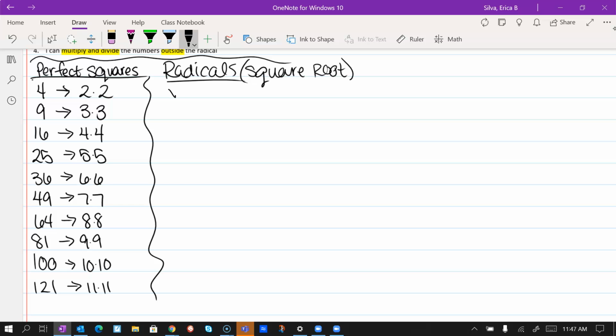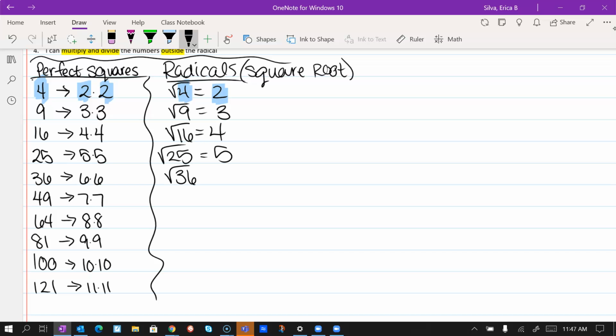So our first square root, we get the square root of 4, which gives us 2. So 4, we get 2 times 2. So the square root of 4 is 2. Then we do the square root of 9. Square root of 9 is 3. Square root of 16 is 4. Square root of 25 is 5.